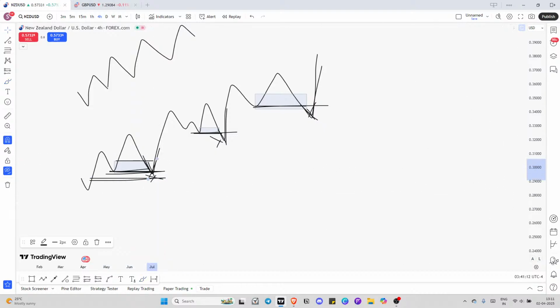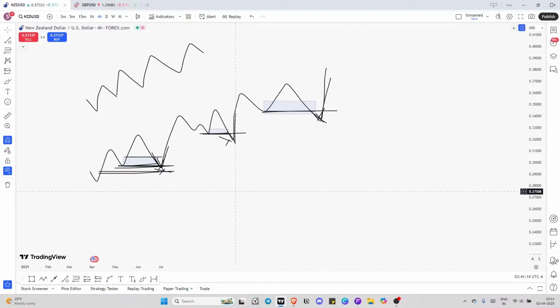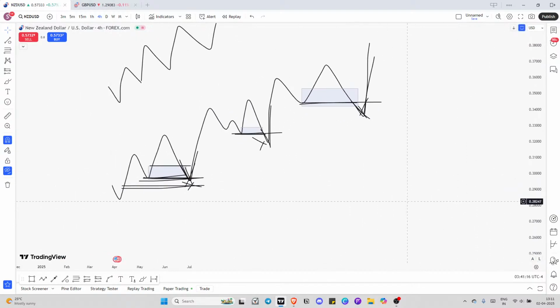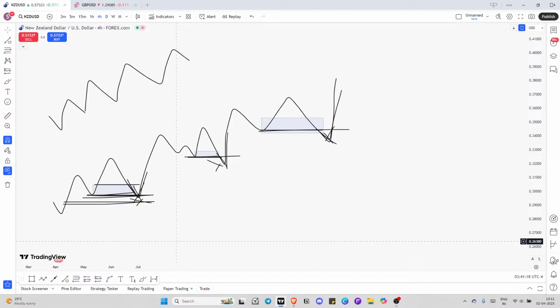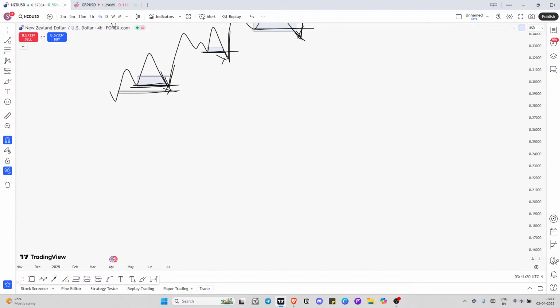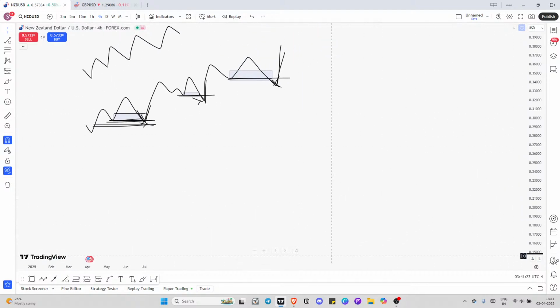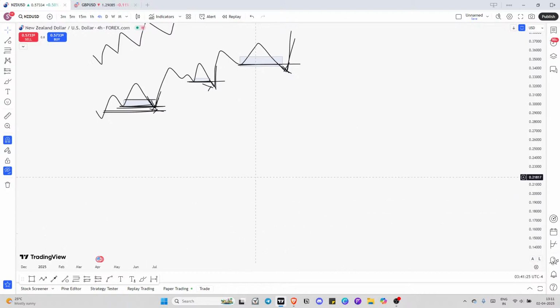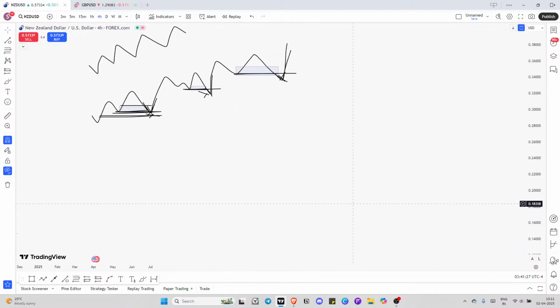Alright, so that is how they move. I'll explain with an example too, but let's look into how it works.